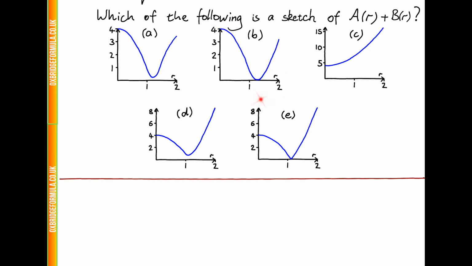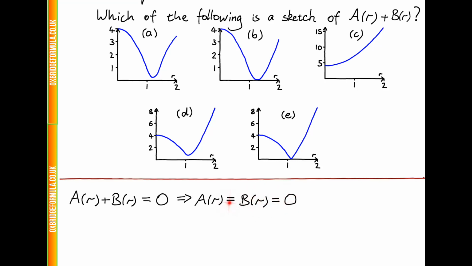So let's think about the significance of a point where A of r plus B of r equals 0. Well, A of r and B of r are both areas, so they're both greater than or equal to 0. So if their sum is equal to 0, then they must both be equal to 0. But that means that the area inside the circle outside the square is 0, and the area inside the square but outside the circle is 0.